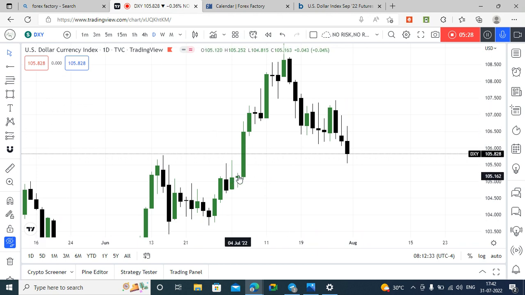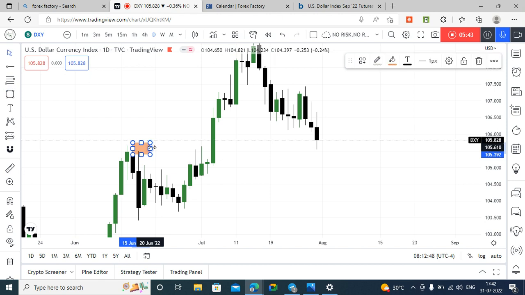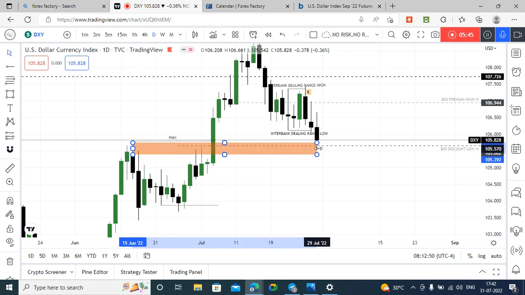At the same time we have this buy side imbalance, sell side inefficiency, and also an institutional order for entry levels.